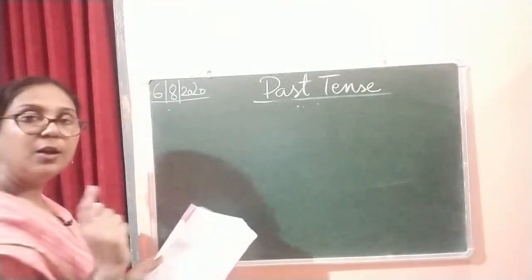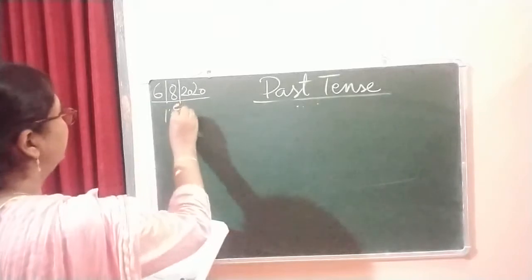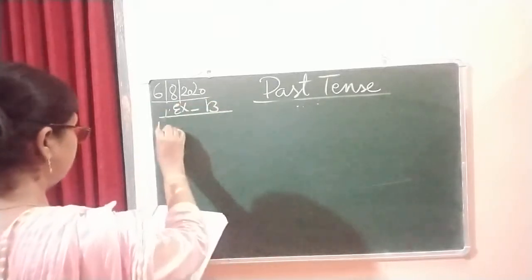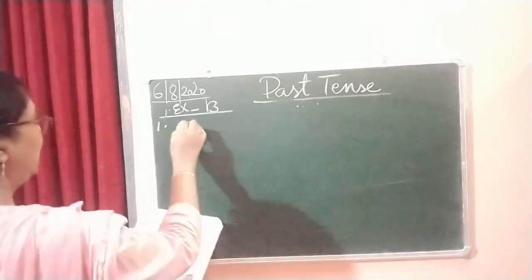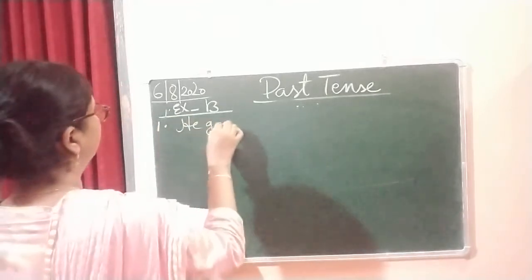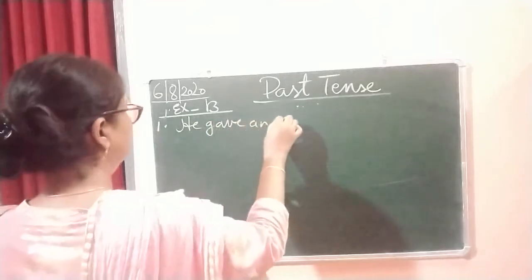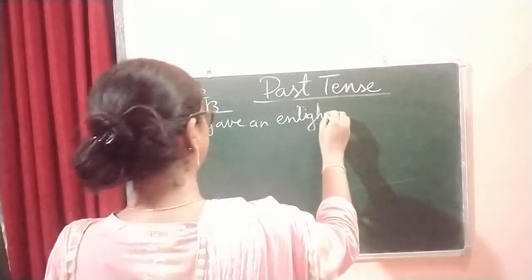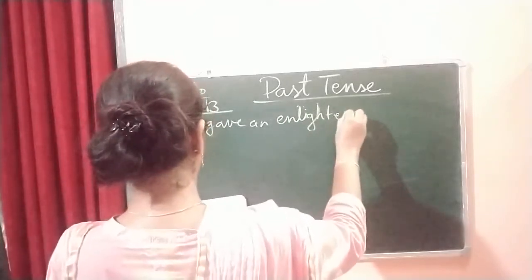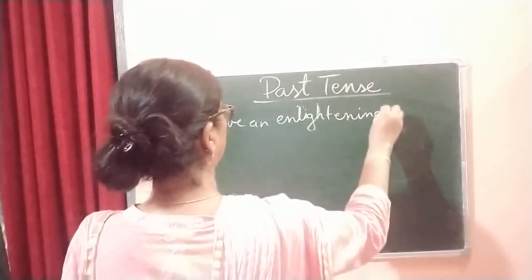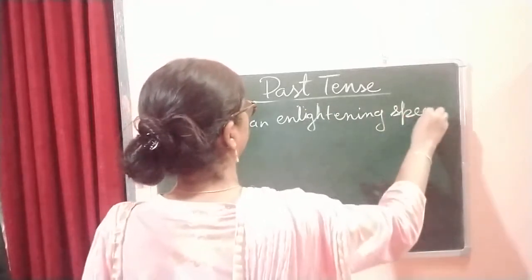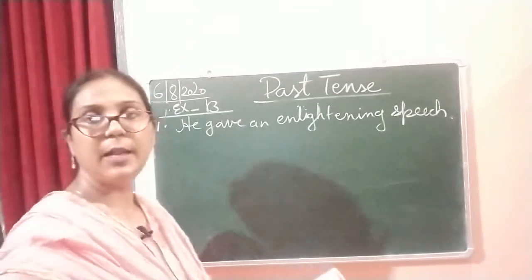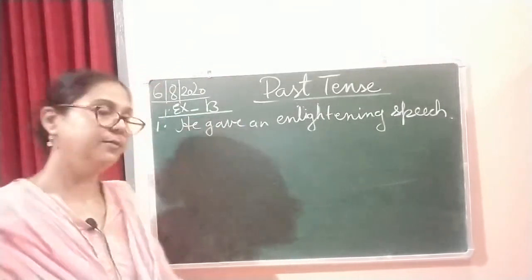This is exercise B, and first number is: he gave an enlightening speech. Now this sentence we have to make in negative first, then interrogative.